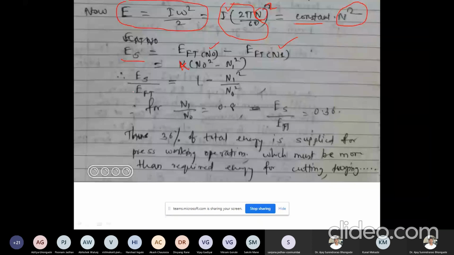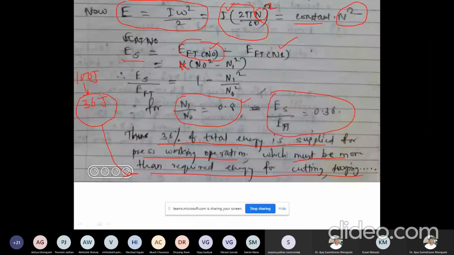Out of that, it is allowed to release 36%. So 36 joules are allowed to be released by the flywheel, and within that 36 joules you must complete all the required operations. Though we are getting 100 joules, it is allowed to release only 36 joules. So whatever work we have to do must be within the limit of 36 joules.